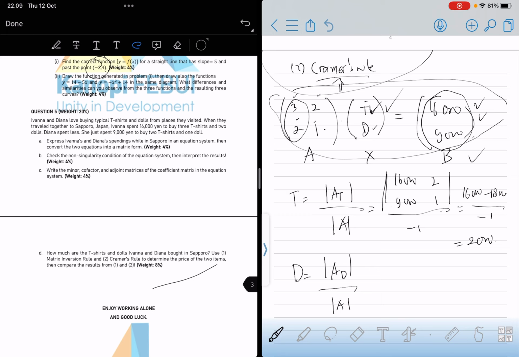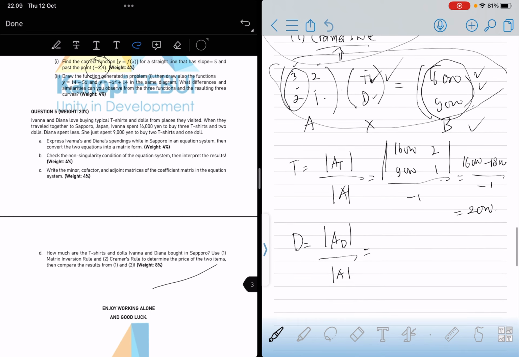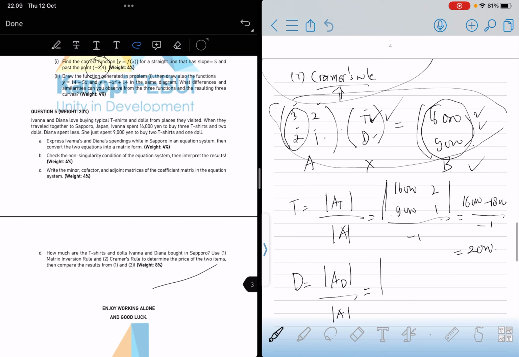Yeah. And then AD, we have to change 2 and 1 by this one. So 3, 2, 16,000, 9,000.